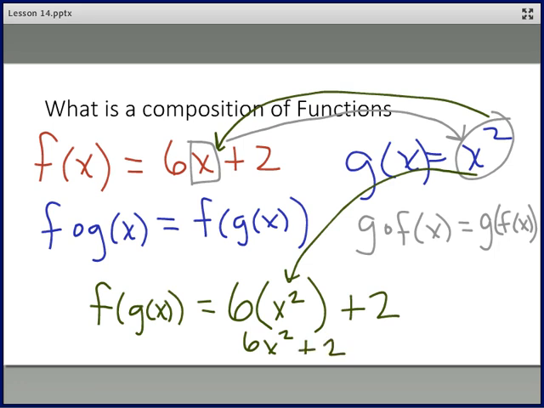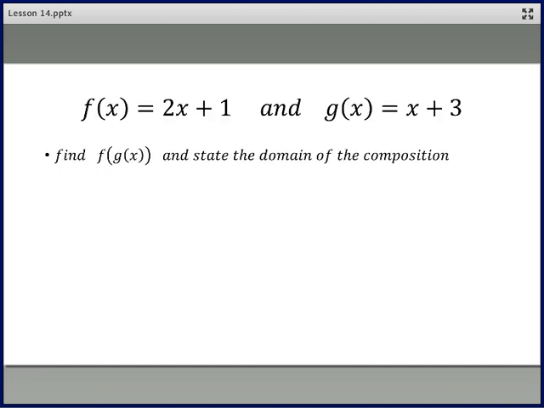So what you end up with is a new function that is a composition, or a put together, if you will, where you put both the functions together into one new function. So that's what a composition is.